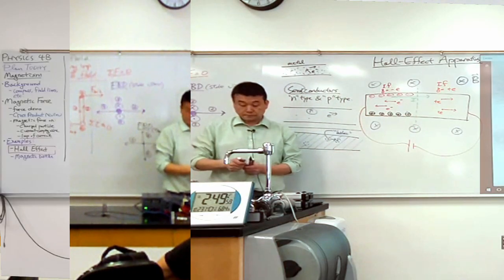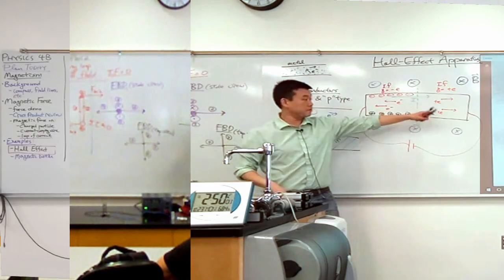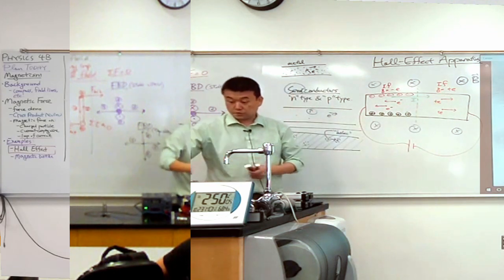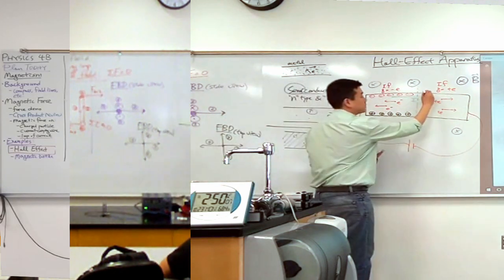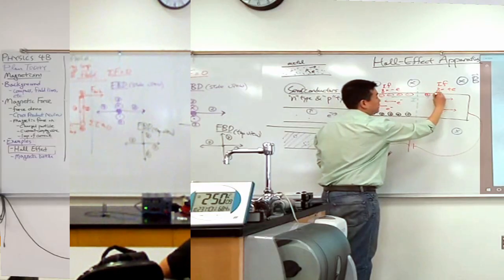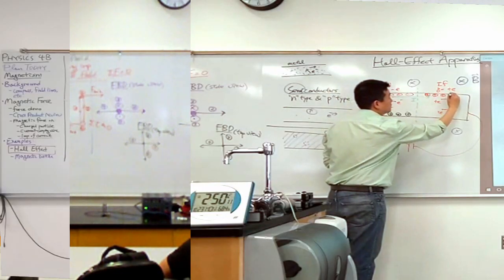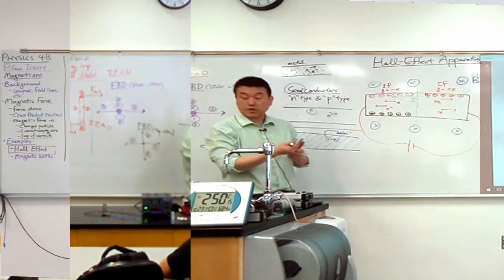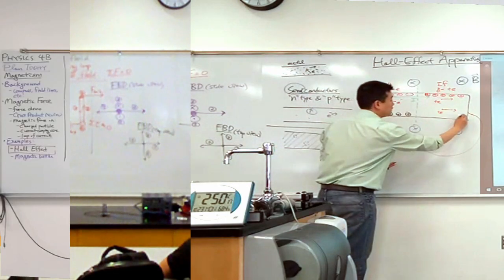Right? And here, these positive charges are pushed upward also, which means there must be positive charges accumulating on the top surface here. And that also means there must be negative charges accumulating on the bottom.